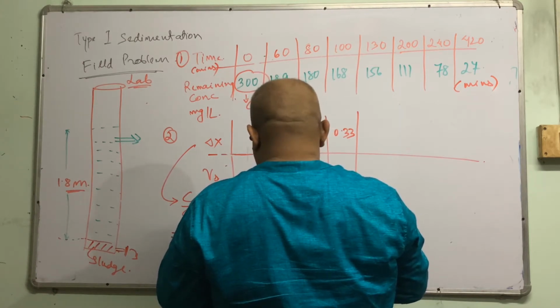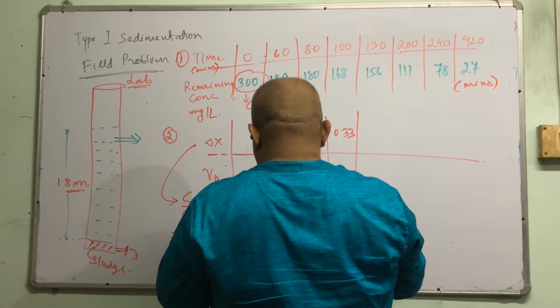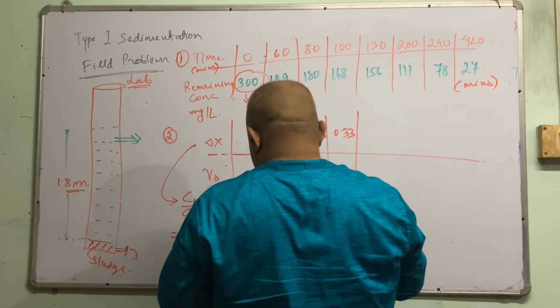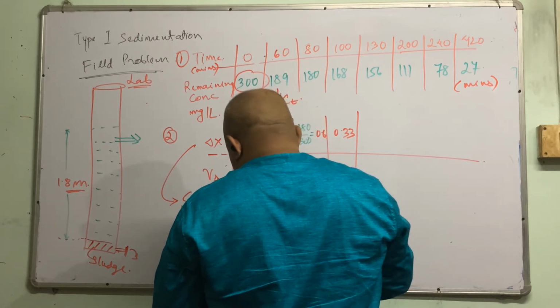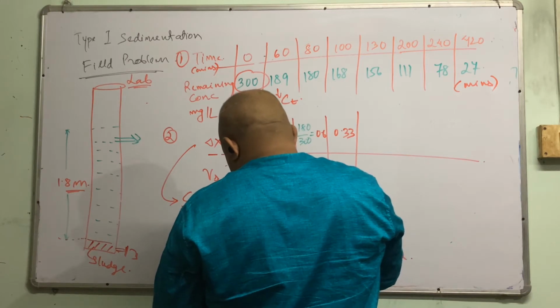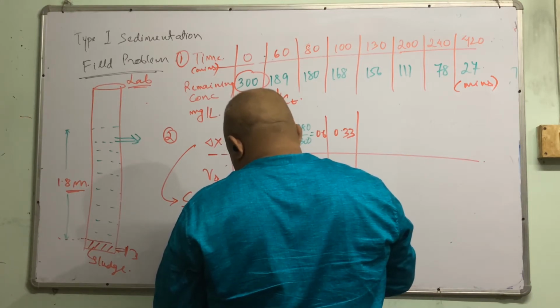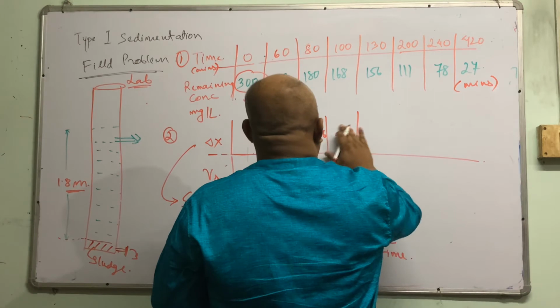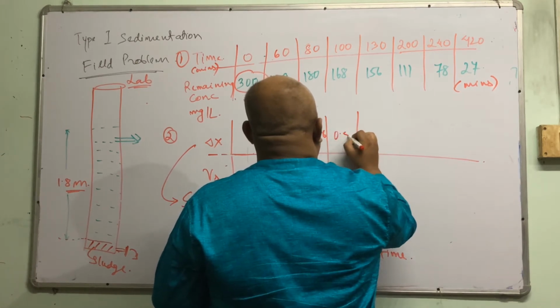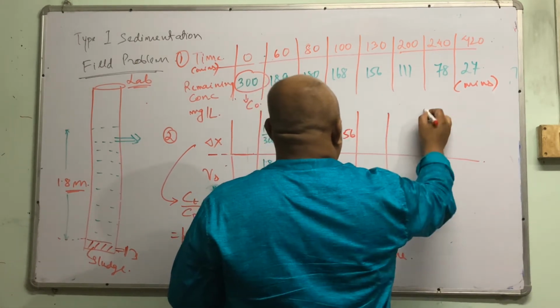Mass fraction remaining in 100 is 168, 0.56.